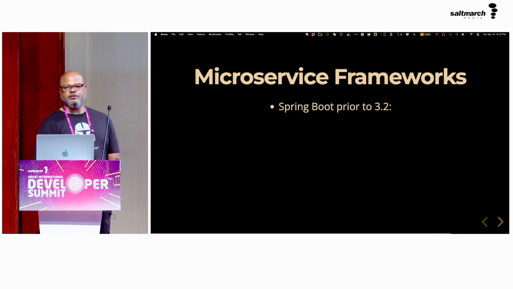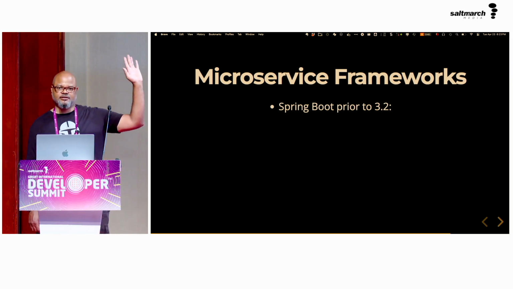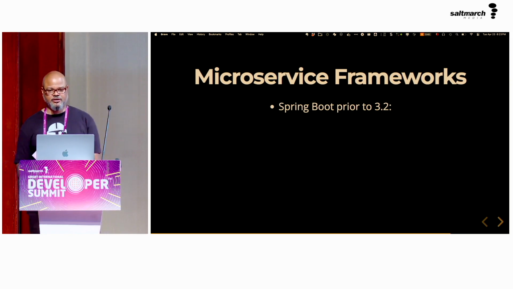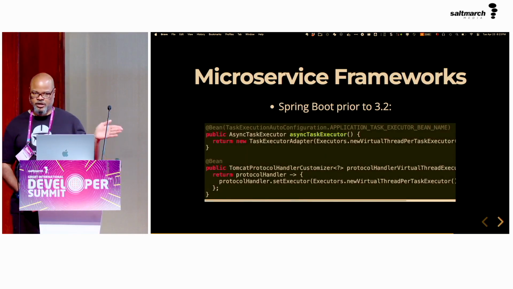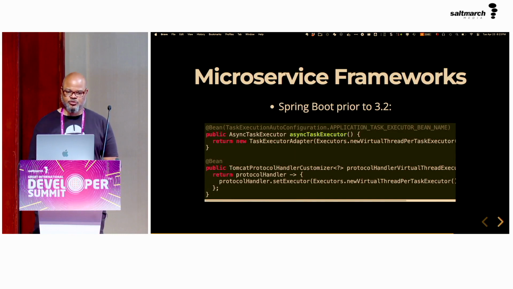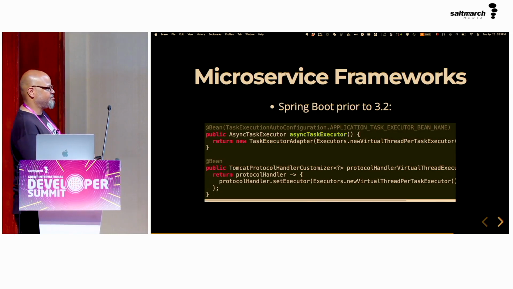So for Spring Boot, how many people are using 3.2 or lower? Just out of curiosity. No, not that many of you. Okay. If you're using an older version, 3.1 or lower, you have to manually do a little bit of work, and it's not a lot of work. You basically just have to set up the task executors to be virtual thread ones.